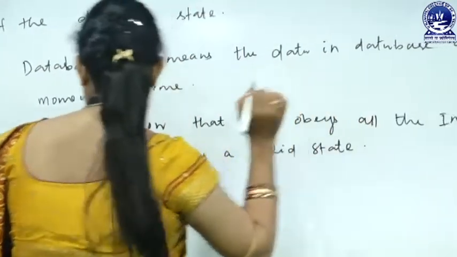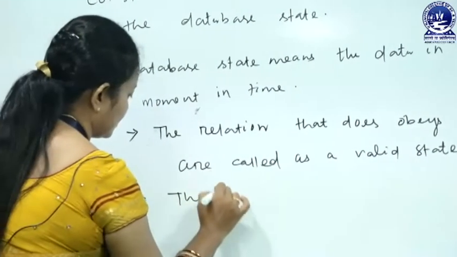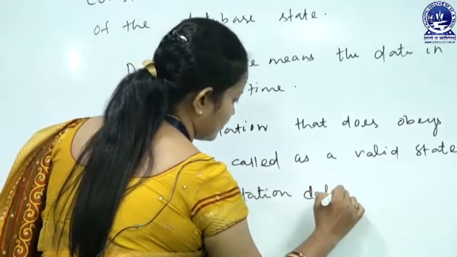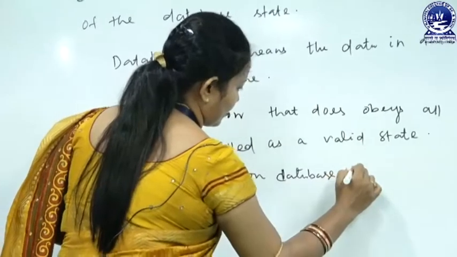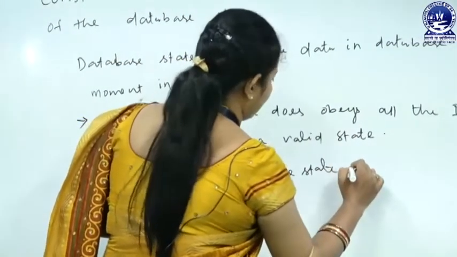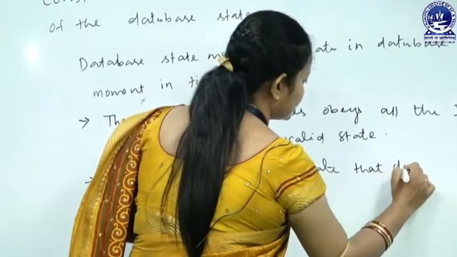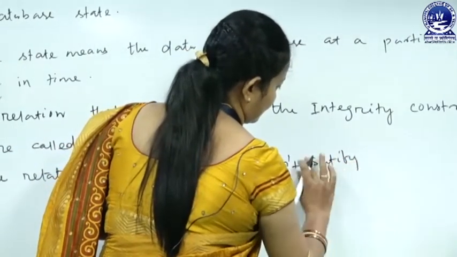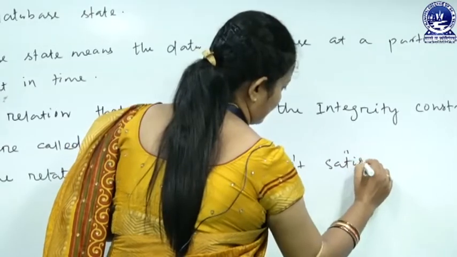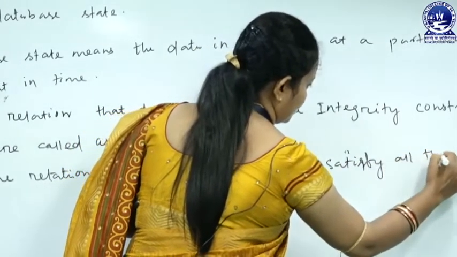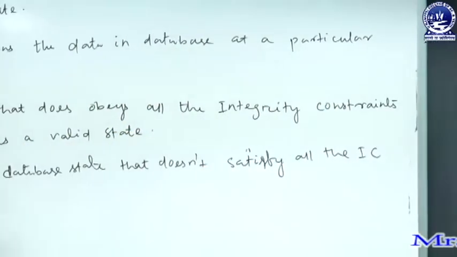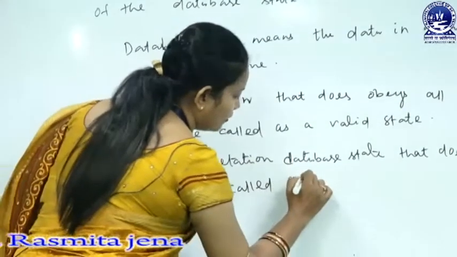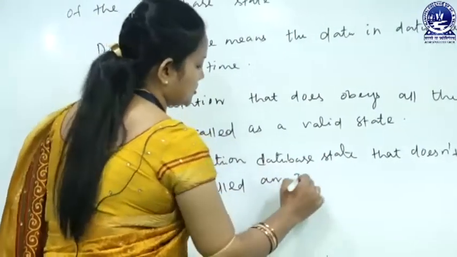Let me define first, and the relation database state that does not satisfy all the constraints, or you can say all the integrity constraints, is called an invalid database state.